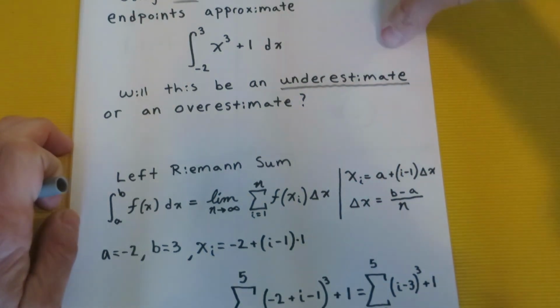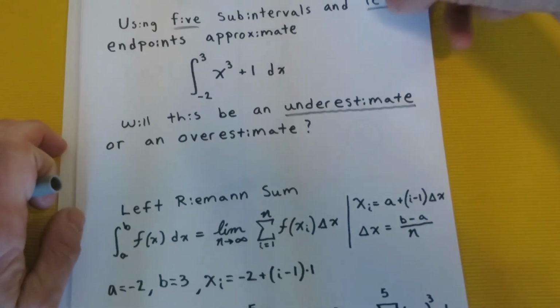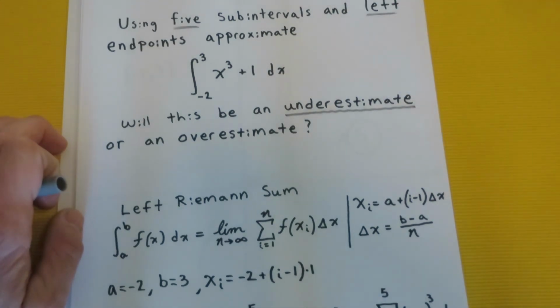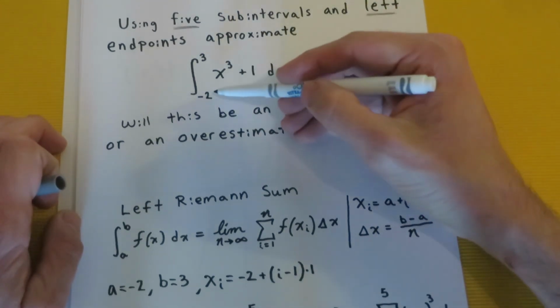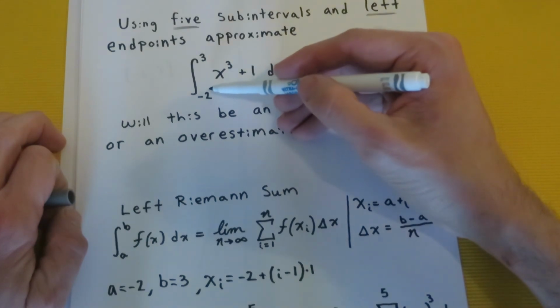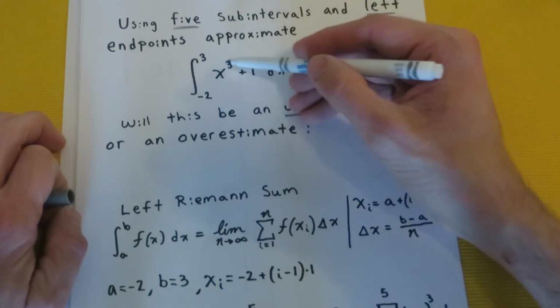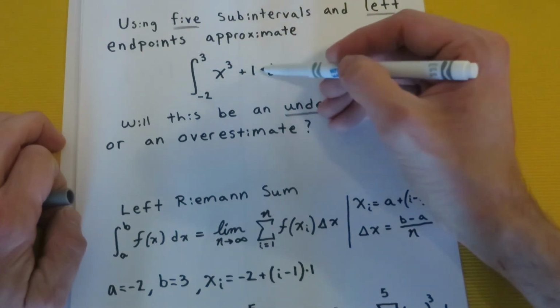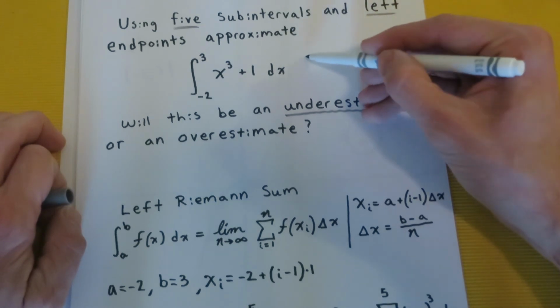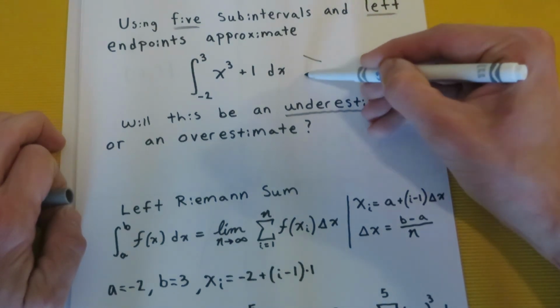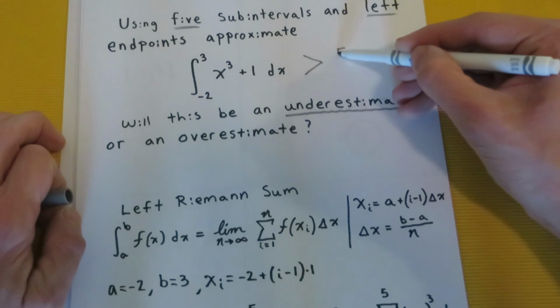So we know that now we have a lower bound for our integral here. We know that the integral from -2 to 3 of x cubed plus 1 dx is going to be greater than 5.